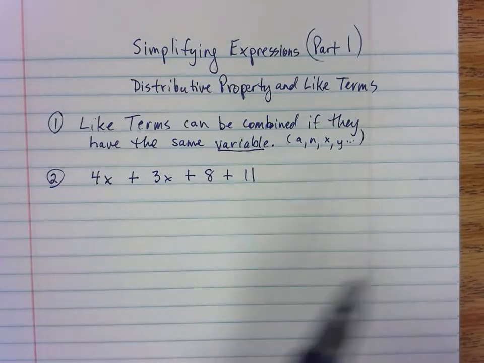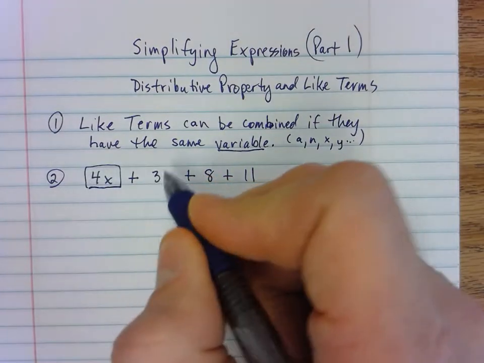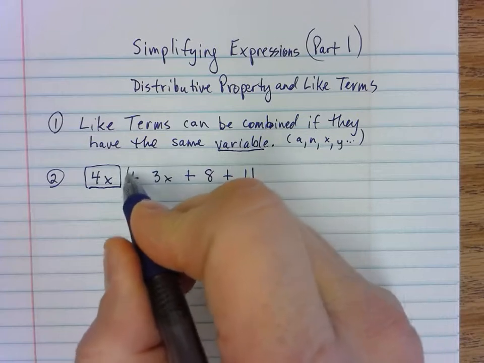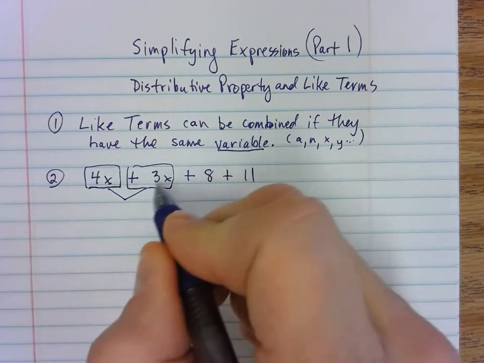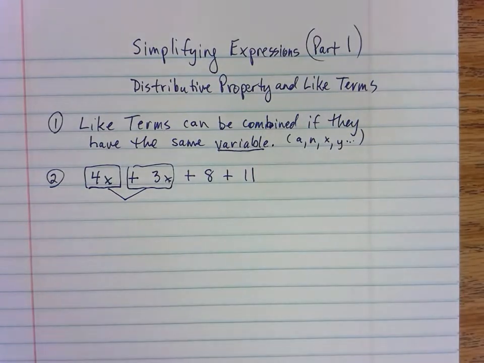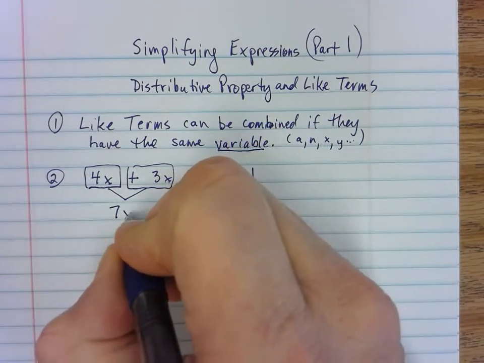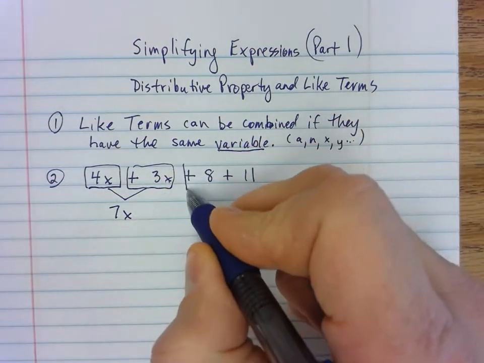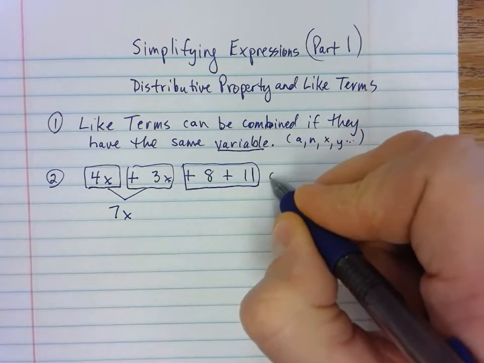So what you want to do is put these together, okay? I'm going to try to use some circles and squares. We put these together because they have the same variable x on the end, so those would be considered like terms. So 4x plus 3x gives you 7x, all right? And these plain old numbers are known as constants.